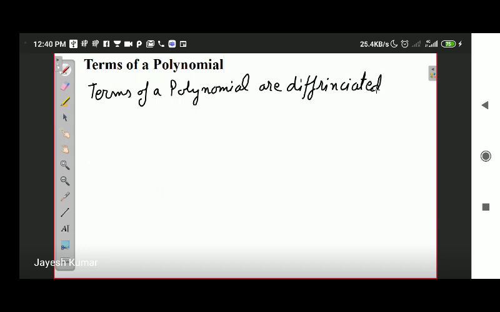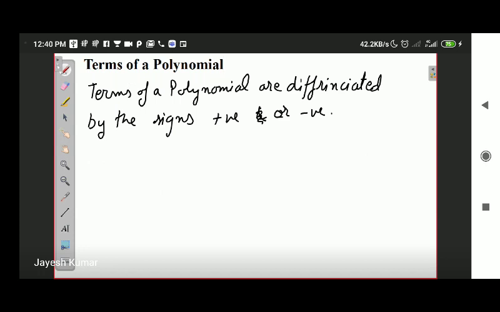Terms of a polynomial are differentiated by the signs positive or negative, or we can say plus and minus. So how do we define?